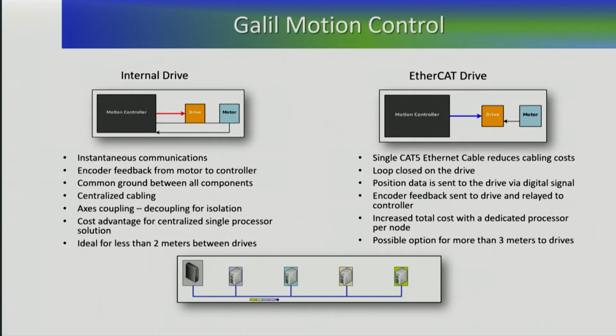On the EtherCAT, using clock synchronization is a methodology to make sure that every device connected on that is synchronized to a single clock, a single master clock, I should say.